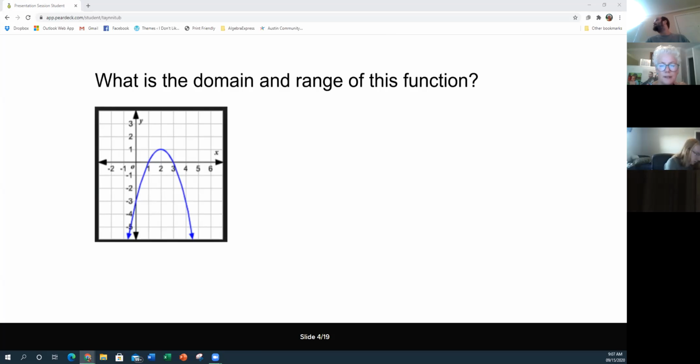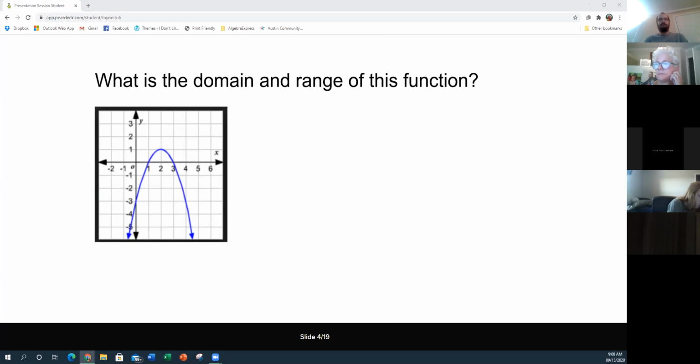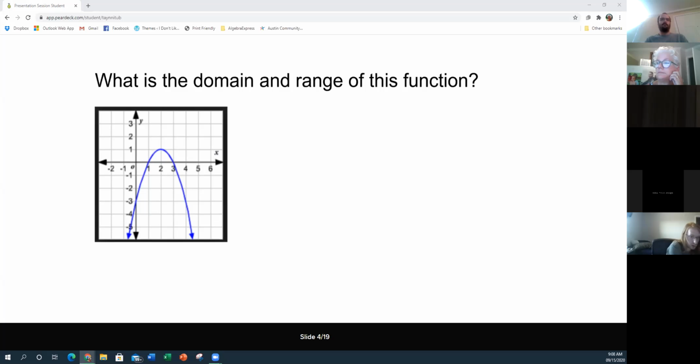I don't have responses on this, so I don't know why I did not put responses. So would someone tell me what the domain and the range of the function is? Wouldn't it be negative infinity to positive infinity? That's the domain, negative infinity to positive infinity. And what's the range? Negative infinity to 1. That's right. Good, great.